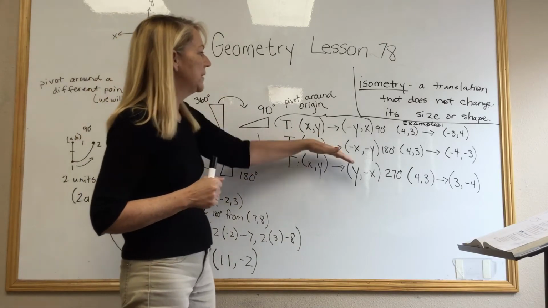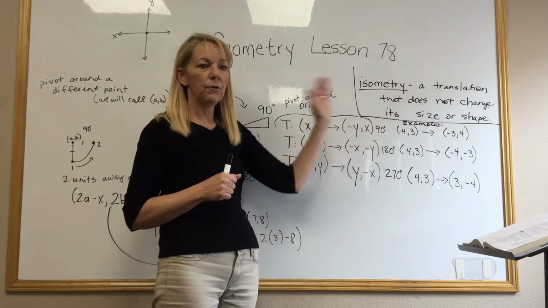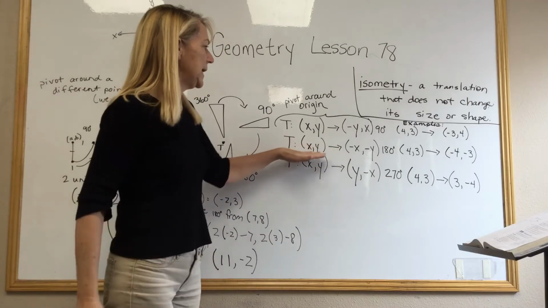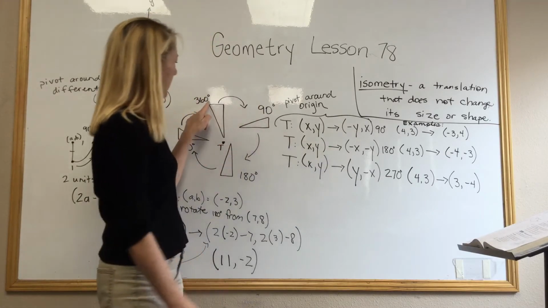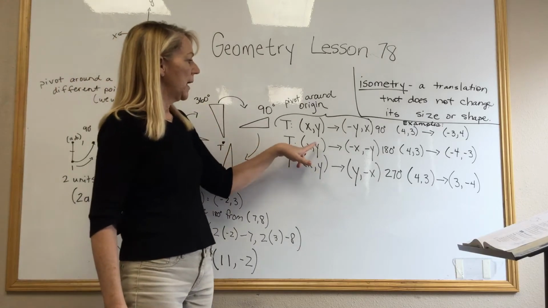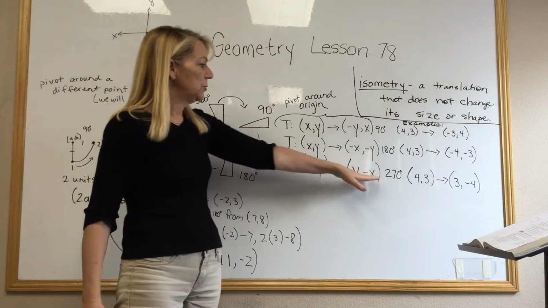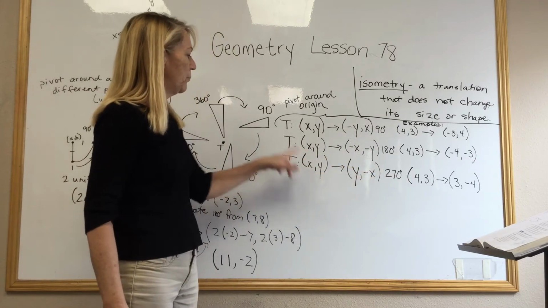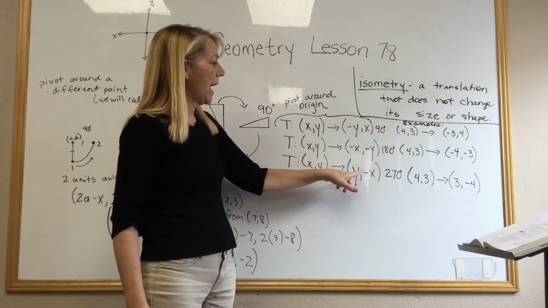If I rotate 90 degrees, it becomes negative y, x. If I rotate it 180 degrees, whatever that one corner of the triangle is, it becomes negative x, negative y. And if I rotate it 270 degrees, x, y becomes y, negative x.